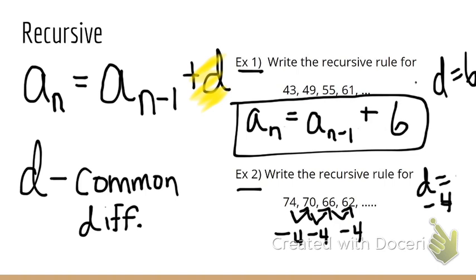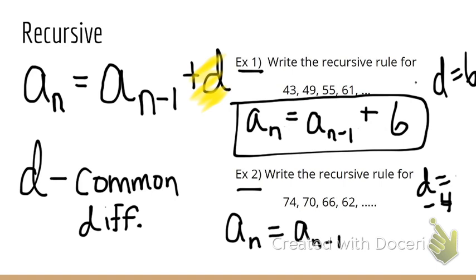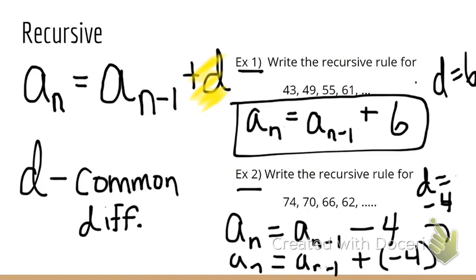So now all I'm going to do, the same method as before, write it all out. A sub n equals a sub n minus 1, instead of adding, you do minus 4. If you do a sub n minus 1 and then you do plus a negative 4, I'm okay with that too. They are equal to each other. That's recursive.